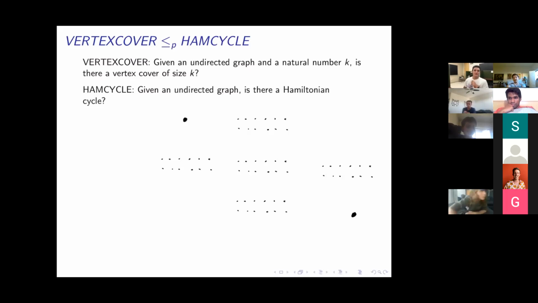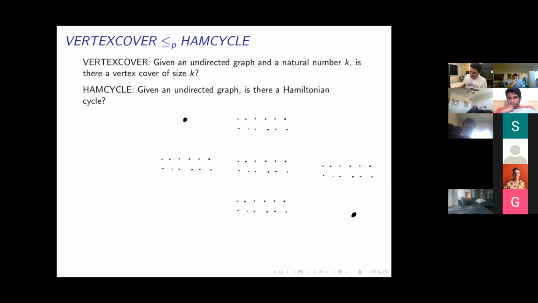So the new problem is called Ham cycle, short for Hamiltonian cycle. And the question there is, given an undirected graph, is there a Hamiltonian cycle? A Hamiltonian cycle is a closed cycle that hits all of the nodes in the graph exactly once. Similar to an Eulerian circuit, but in this case, hitting all the nodes.